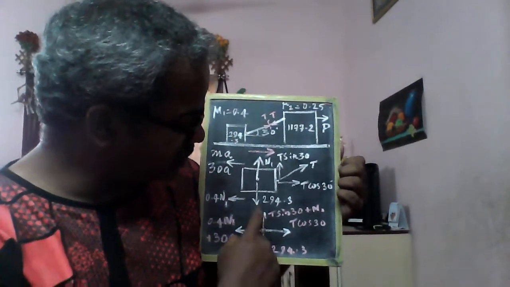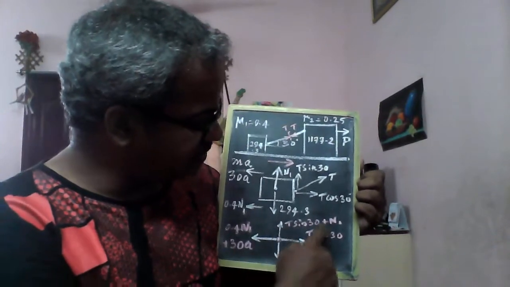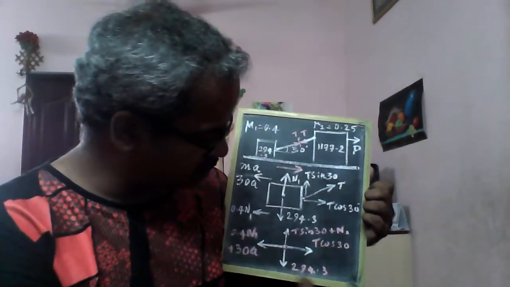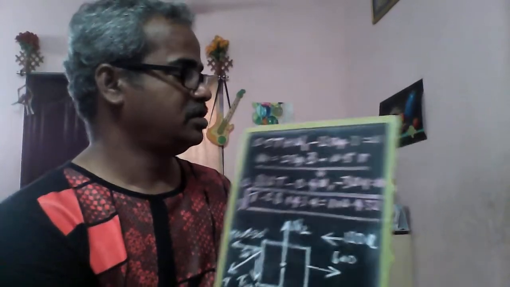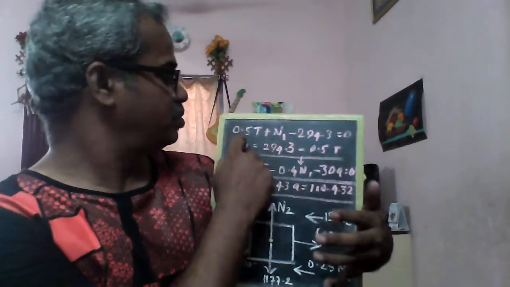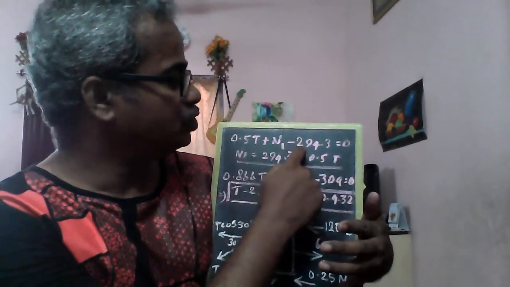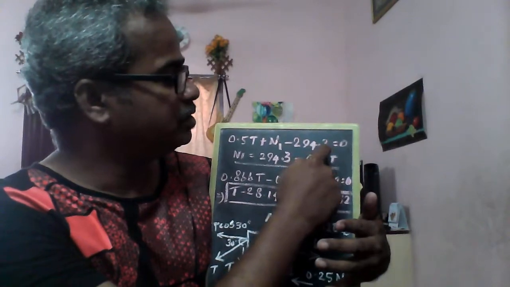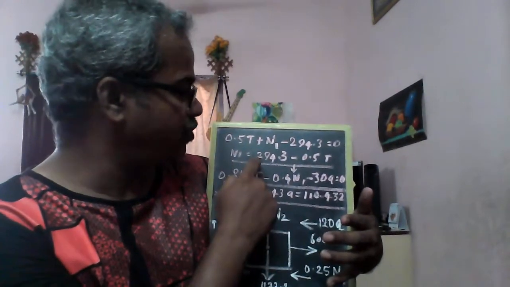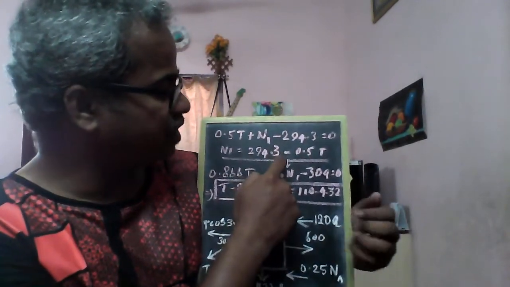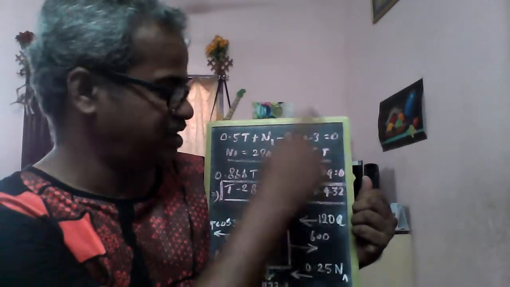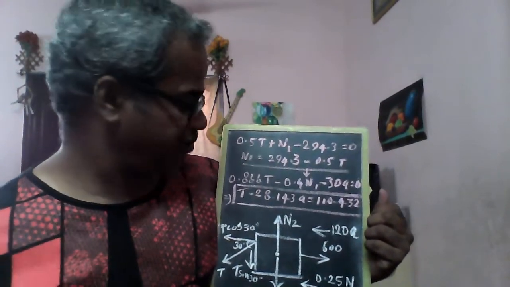Summation of Fy equal to 0: T sin 30 plus N1 minus 294.3 is equal to 0, that is 0.5 T plus N1 minus 294.3 equal to 0. So N1 will be 294.3 minus 0.5 T.